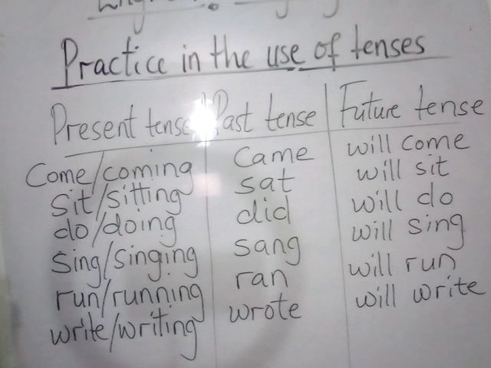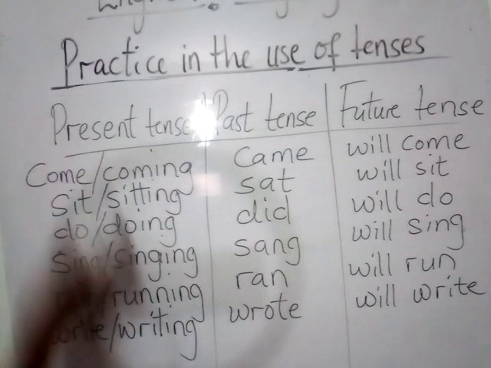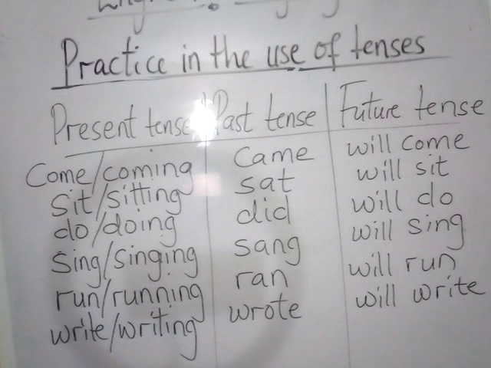There are a lot of other words you can play with, you can use, to consolidate this learning and gain a deeper understanding of the use of tenses. So please try to use other verbs following this pattern, for the present tense, the past tense, and the future tense, and see how they turn out.